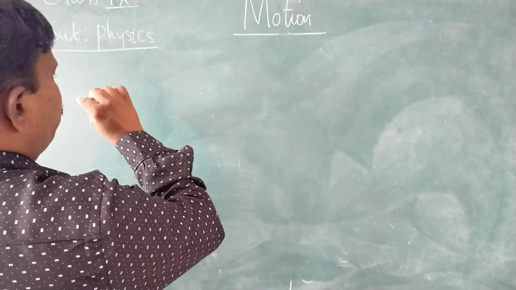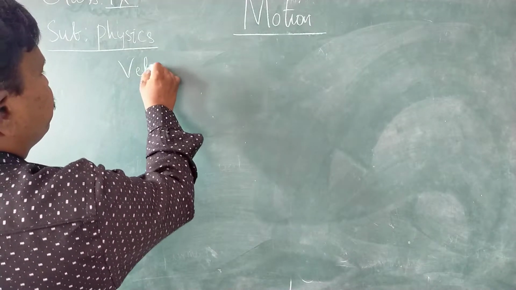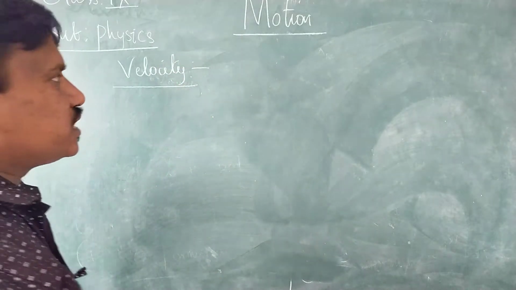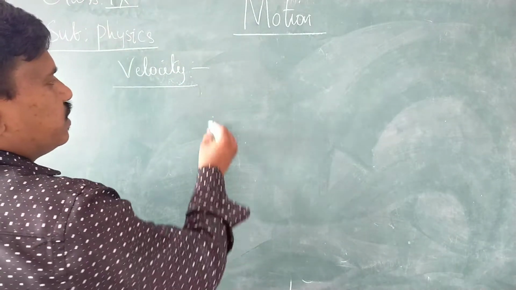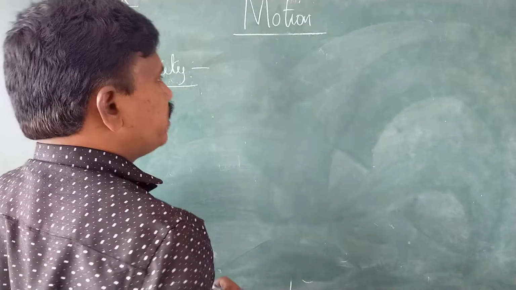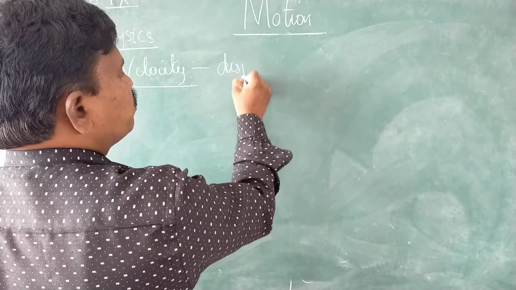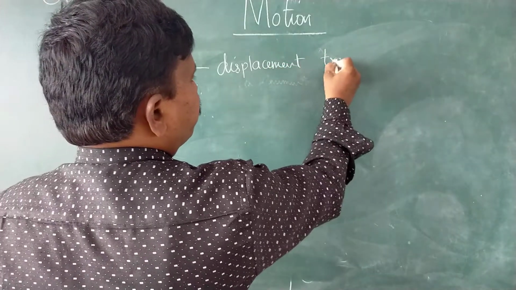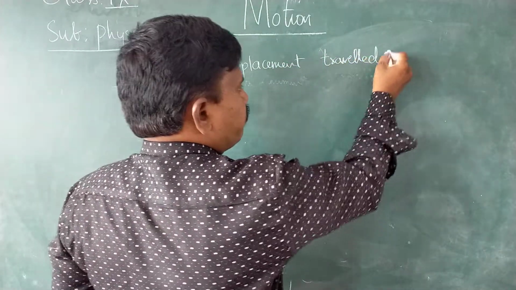Now velocity. Velocity is defined as the displacement traveled per unit time.